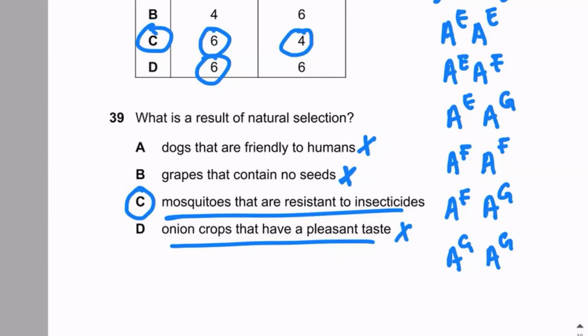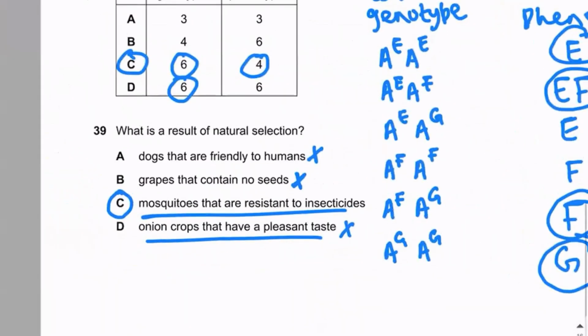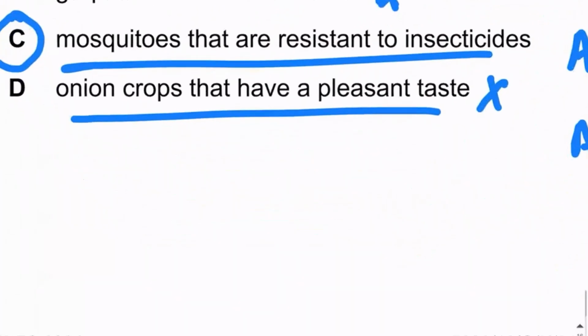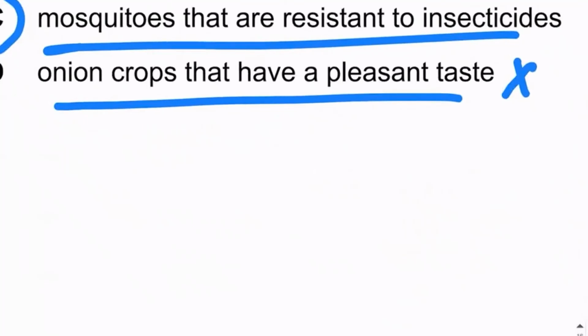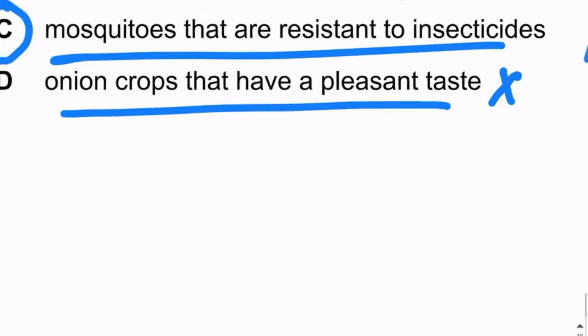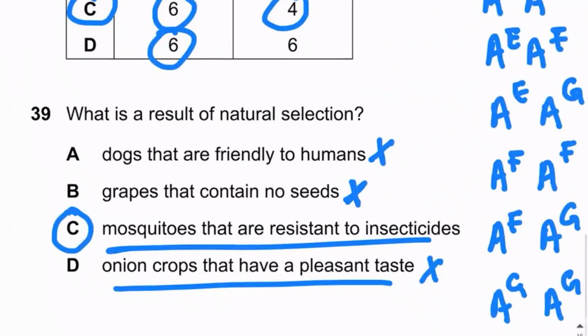The environment wants mosquitoes to survive, so they're becoming resistant to insecticides. However, we want mosquitoes to die. We want onion crops that have very pleasant taste. So obviously we have selected those onion crops that have pleasant taste and we allowed them to breed. This is artificial selection. And we want dogs that are friendly to us. So we chose those dogs which were friendly and we allowed them to breed.